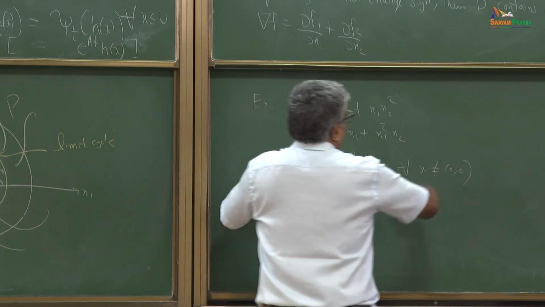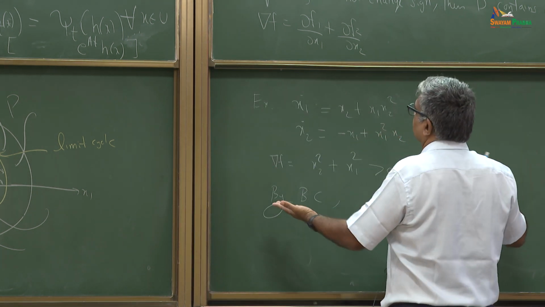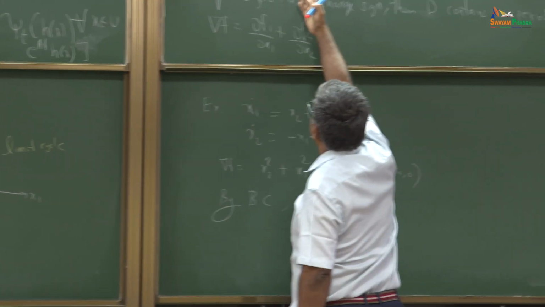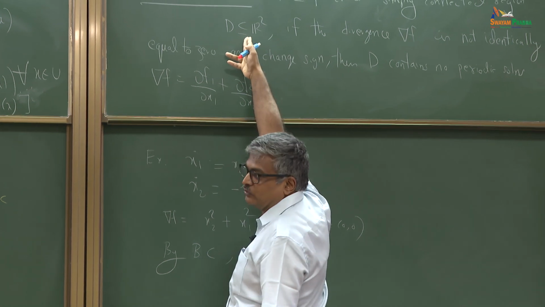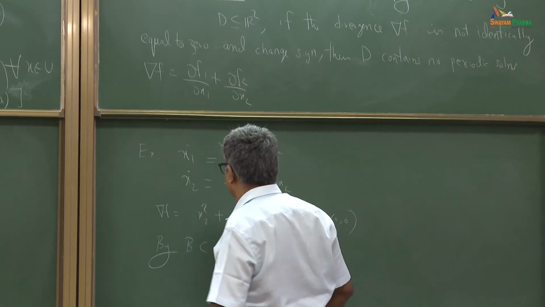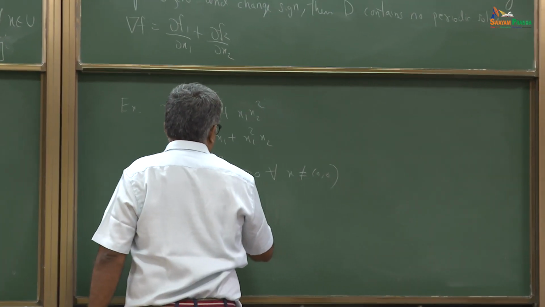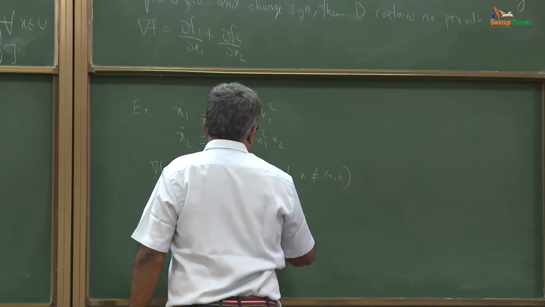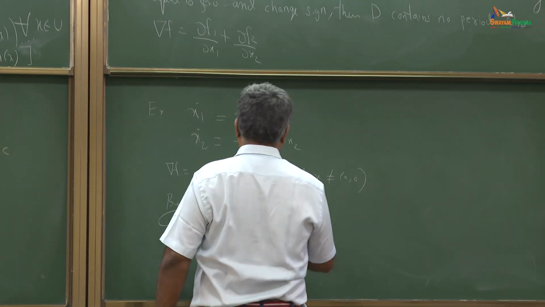This is true for all of R2. The set D can be chosen to be the whole of R2 because the whole of R2 is a simply connected region for this system.